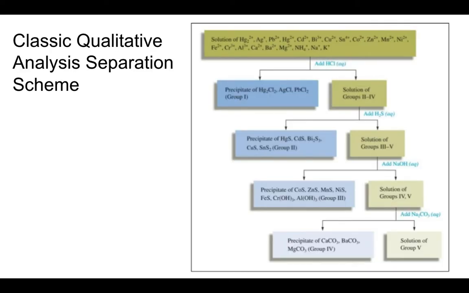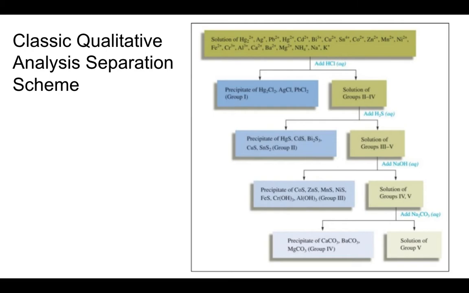Here is a large, complicated example of one of these. I just want to show it to you, not ask you to be able to recreate it. Let's say you've got a mixture of all 21 of these ions here, from mercury 2 all the way up to K plus 1. Well, the first thing you could do is precipitate the mercury plus 1 and the silver and the lead using chloride.